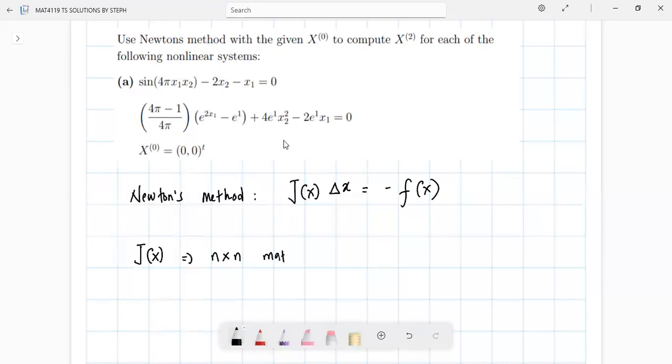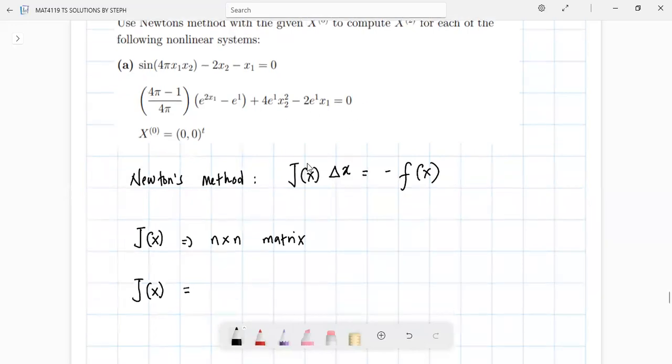What I mean here is that if you have a system of equations with two unknowns, meaning you have two equations, this will be a 2 by 2 matrix. This matrix contains the partial derivatives of the given system of equations with respect to the unknown variables.